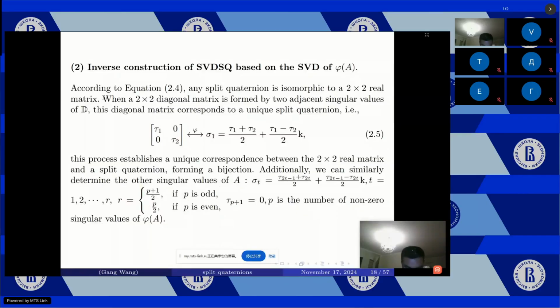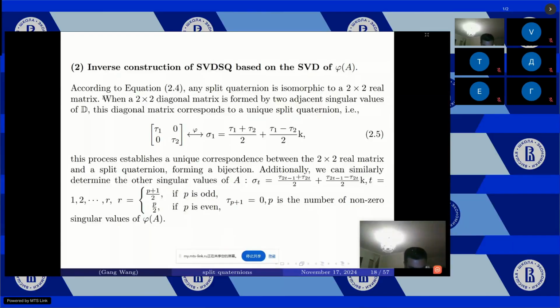In the second step, we use the singular values of the isomorphic real matrix to reconstruct the singular values of the split-quaternion matrix. From the isomorphic real representation of split quaternions, we know that each corresponds one-to-one with a 2x2 real matrix and vice versa.